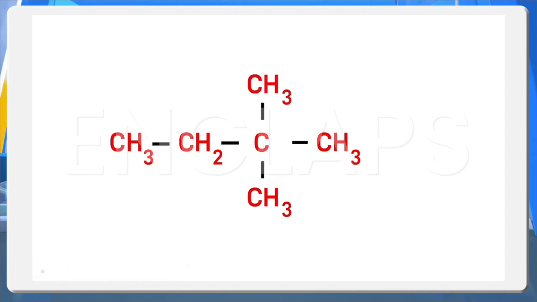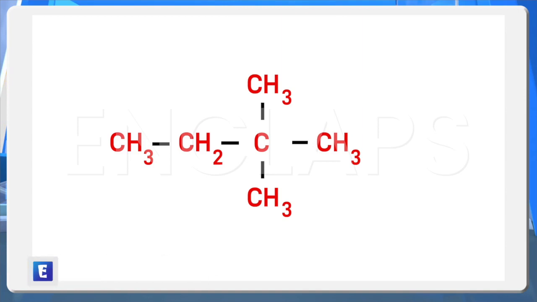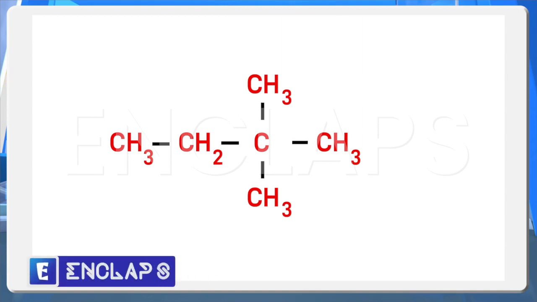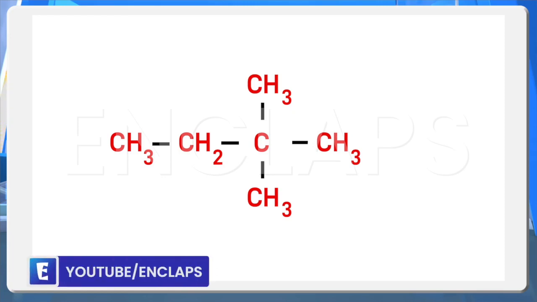The main chain contains 5 carbon atoms. Then, how can we draw the second chain isomer of hexane? Yes, by drawing 4 carbon atoms in the main chain and 2 alkyl groups, that means 2 methyl groups should be given as branches.